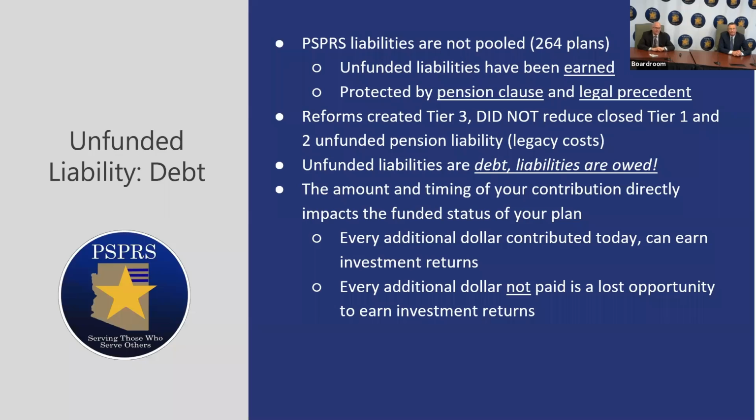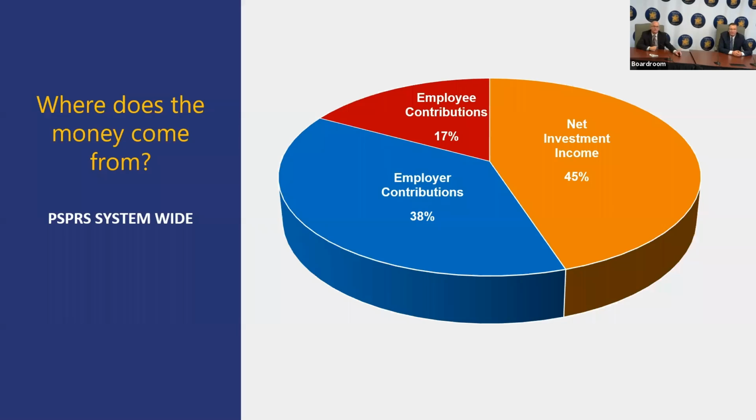The amount and the timing of the contributions will directly impact the funded status of each plan. The way to think about this is every additional dollar that gets contributed can earn investment returns over the long term, year after year. And the opposite is true. Every additional dollar that's not paid is a lost opportunity to earn investment returns.